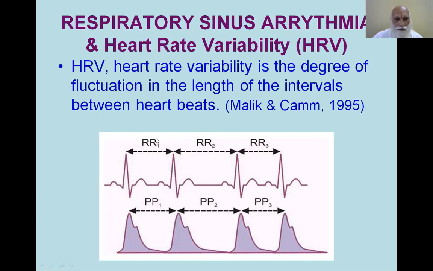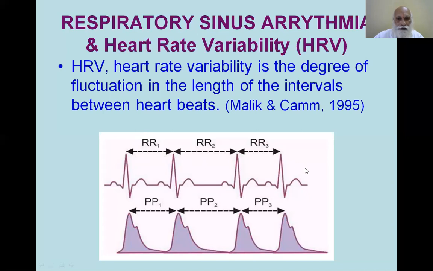So the RR intervals and the heart rate figures reflect the same thing. They are nearly one and the same. Either you talk in terms of the heart rates or the RR intervals. Because the R to R is very clear, usually we use this RR interval.